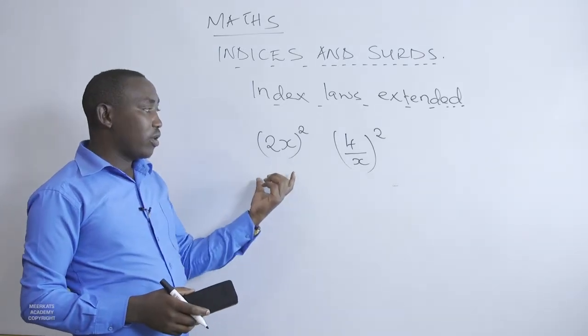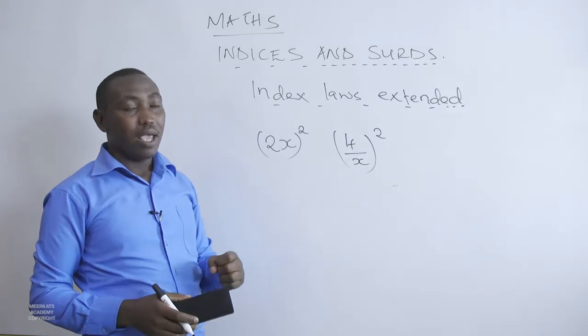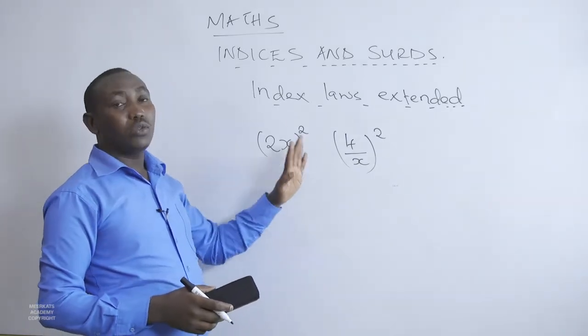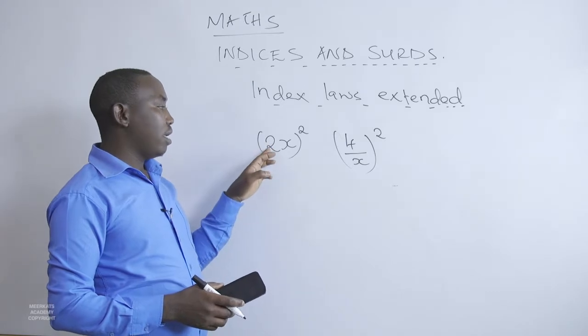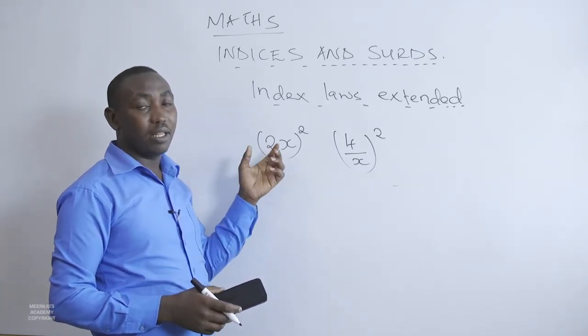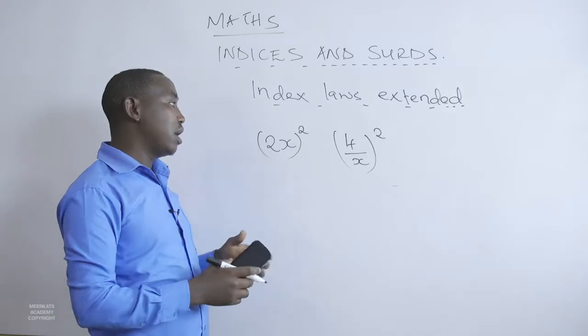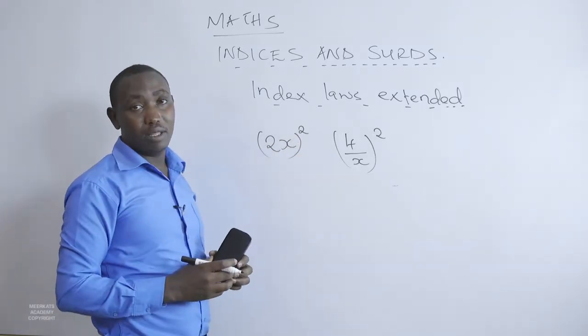In the first case, whatever we have inside the bracket must be raised to the given power. That means we treat each term independently in this context, so that the power affects everything inside the bracket.